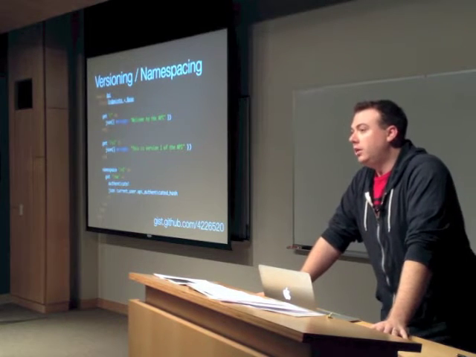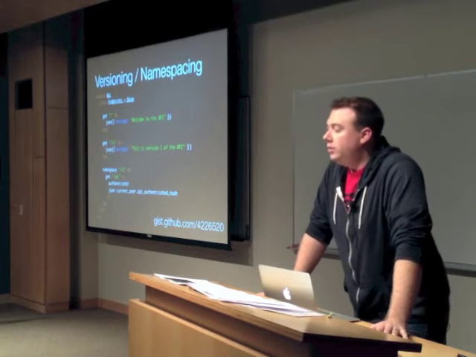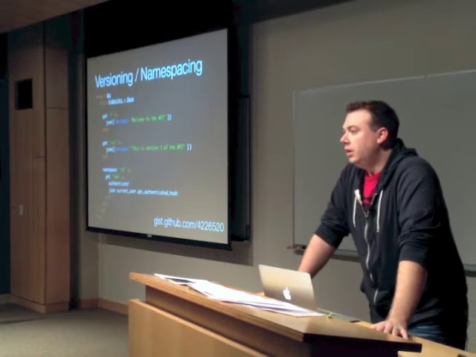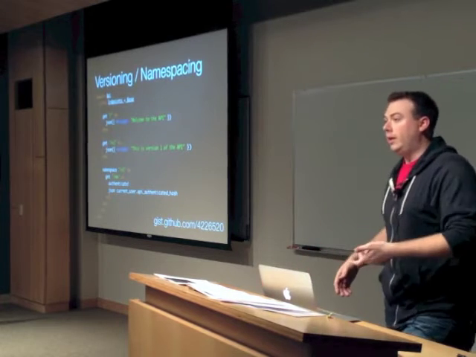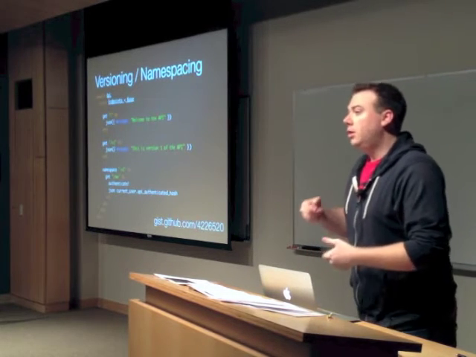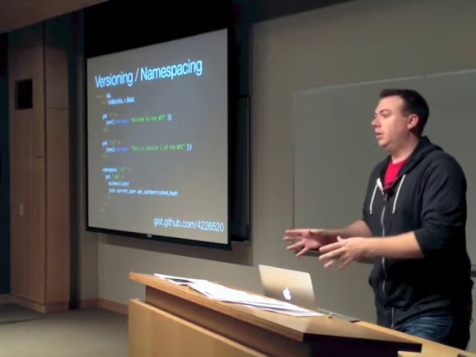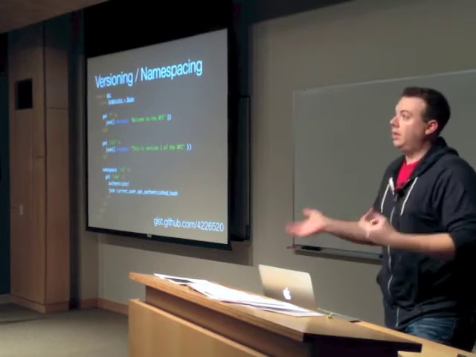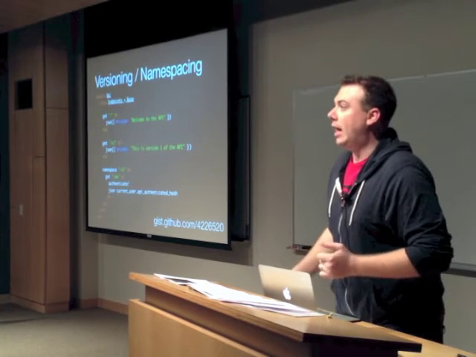The GitHub guys let you set a custom accept header that specifies the version. So there's a default version that you get if you don't specify the accept header, but if you want their beta API, you just set that accept header and you'll get whatever new feature they've added back.